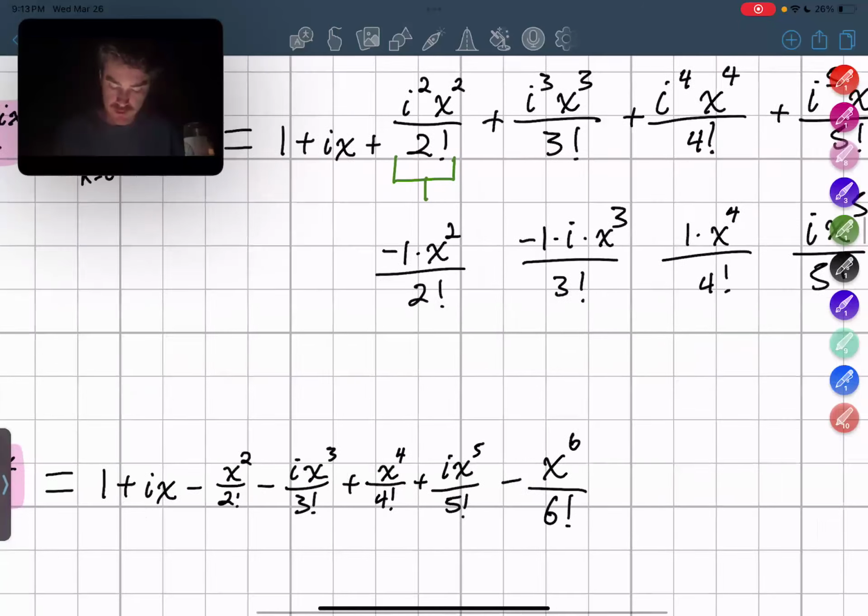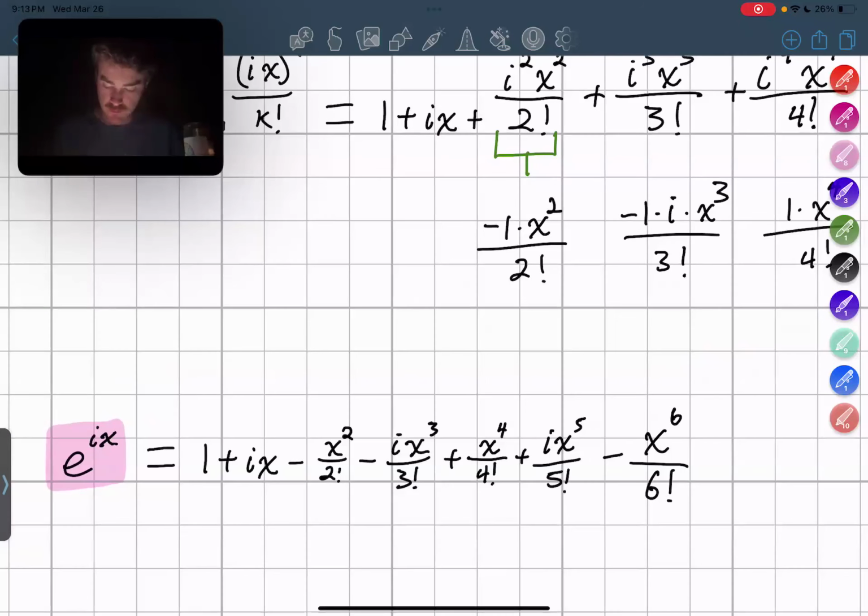And we can keep doing this for e to the ix. What ends up happening is that we get these terms here and here and here. All of the odd power terms, that's x to the 1, 3, 5, end up having the i in them.